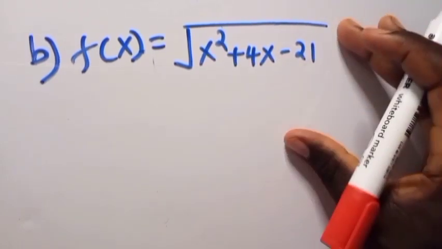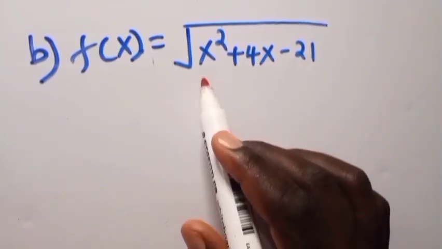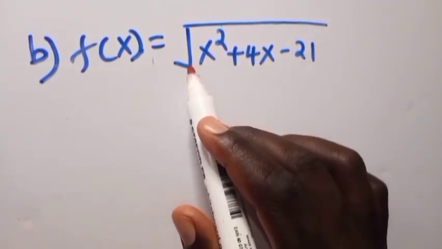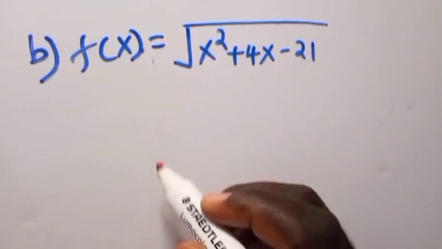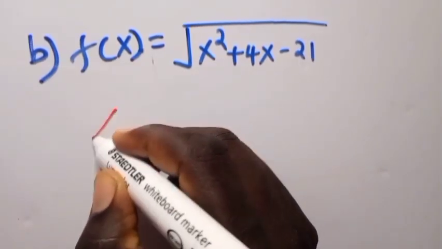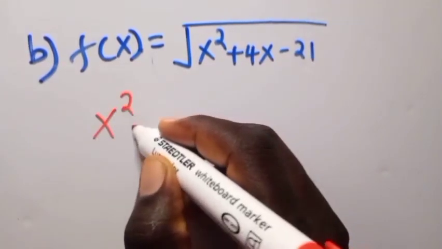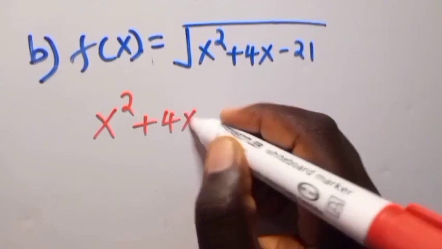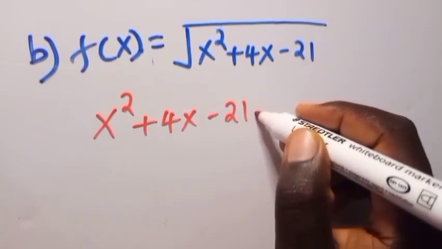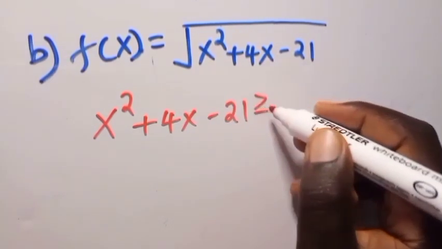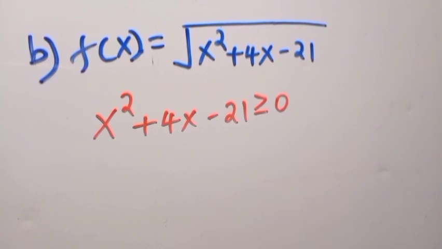The second rule says that we cannot take the square root of a negative number, and this one is a square root sign. Therefore, in this case, the expression under the root sign must be greater than or equal to 0.